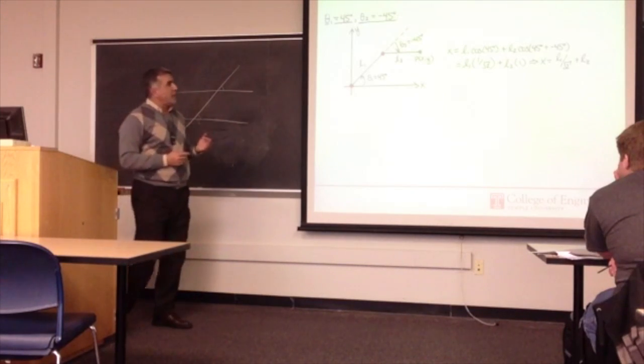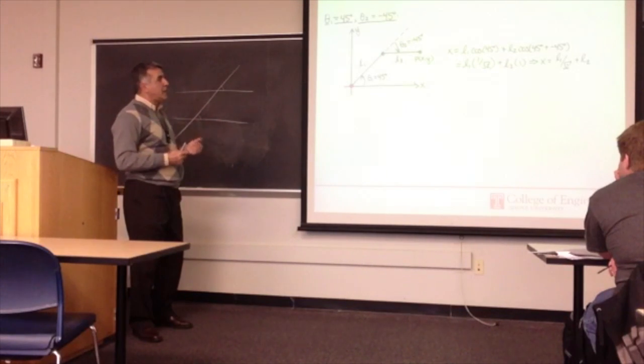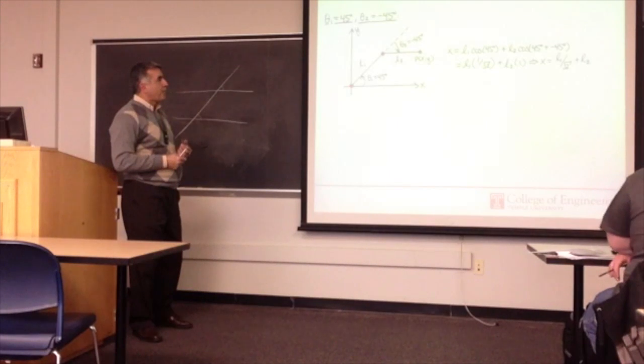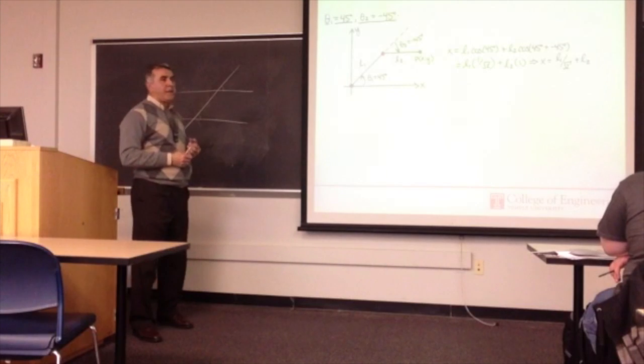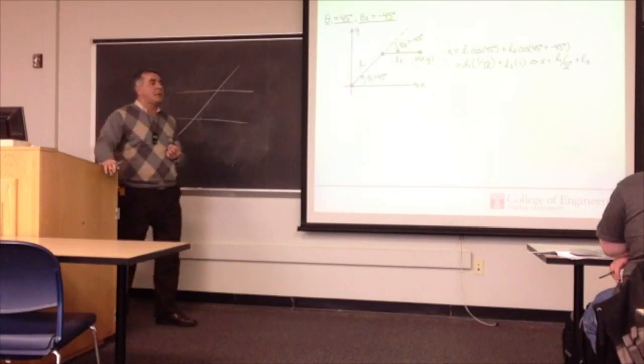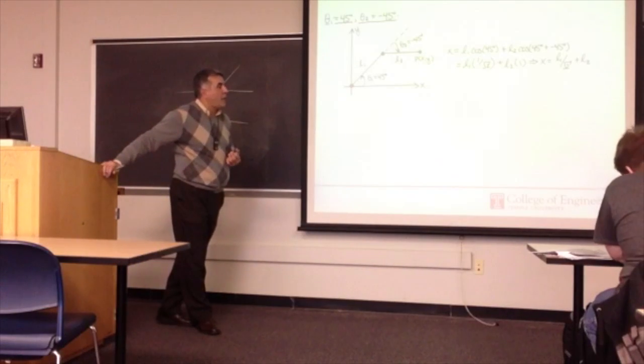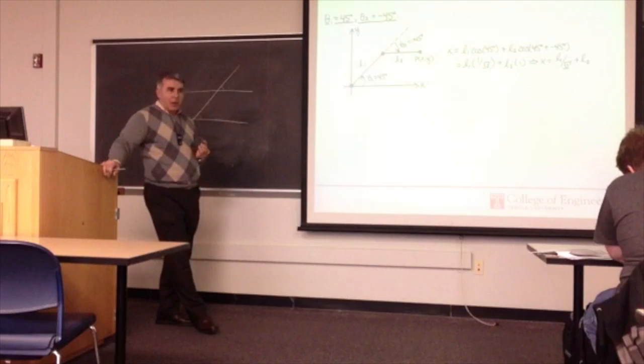So we have x equal to L1 cos of 45 degrees plus L2 cos of 45 minus 45. Cos of 45 is 1 over square root 2, or root 2 over 2, and cos of 0 is 1.